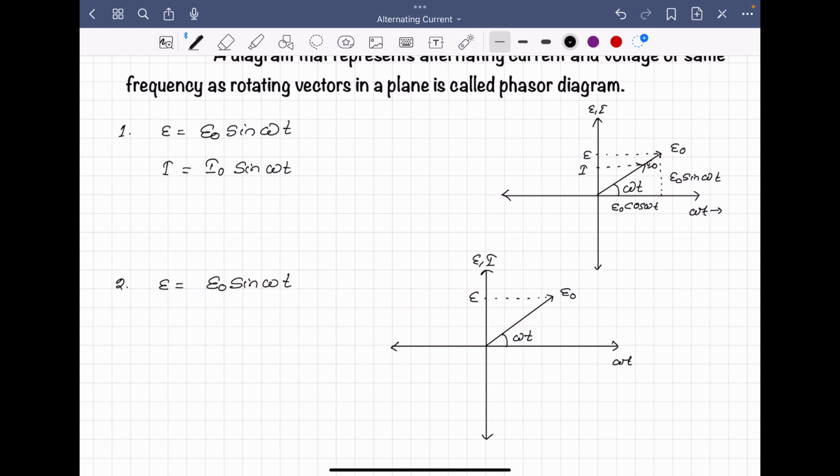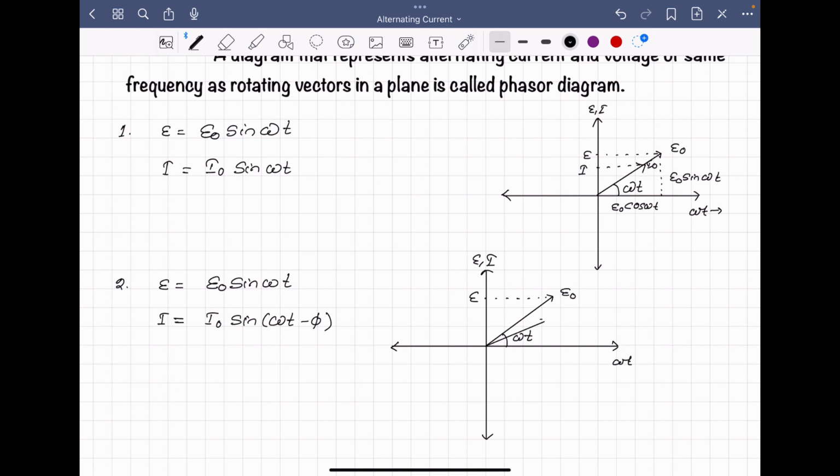Then if our I is equal to I naught sin of omega t minus phi. The phase of E is omega t, but the phase of I is omega t minus phi. That means the current lags. So the phase of current is less than the phase of EMF. We draw it like this.